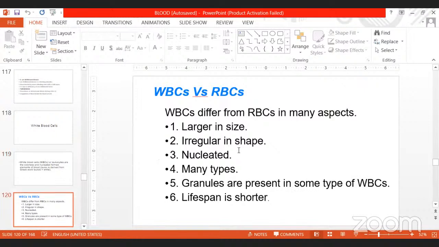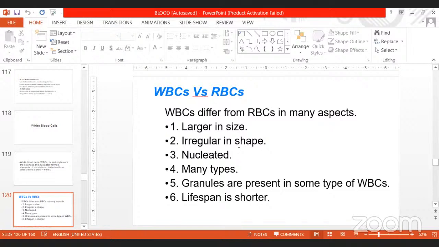If we compare the WBCs with the RBCs, the WBCs differ from RBCs in many aspects. They are larger in size, irregular in shape, and nucleated. The major important point is they are nucleated, and they are of many types.